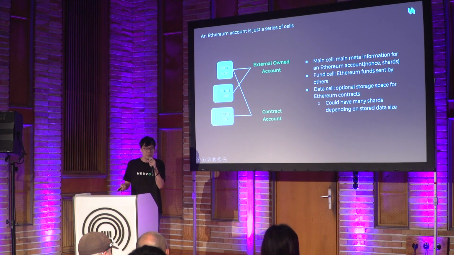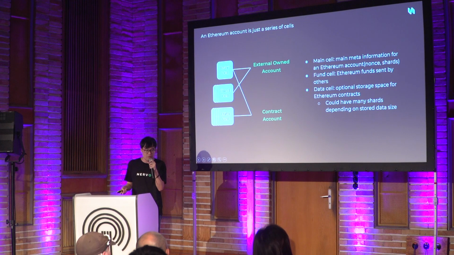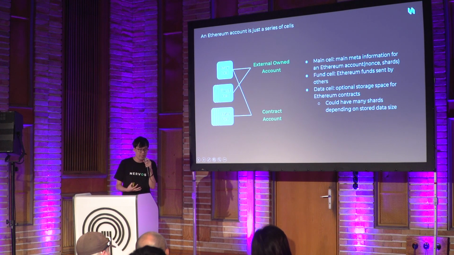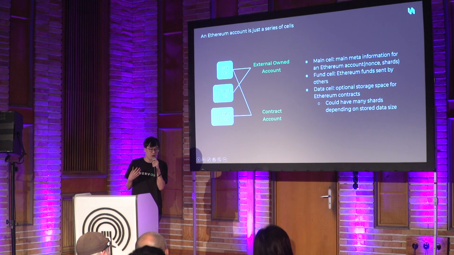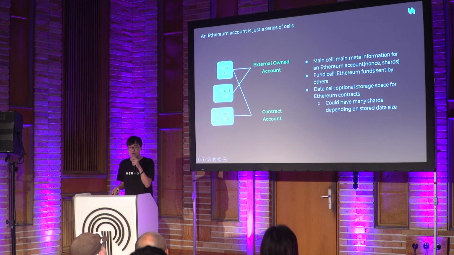First, what this main cell does is that it stores necessary information for this Ethereum account, such as the nonce. And based on what account it actually is, whether it's an EOA or a contract account, it has either fund cells or data cells. First of all, an EOA, or externally owned account, will have fund cells.